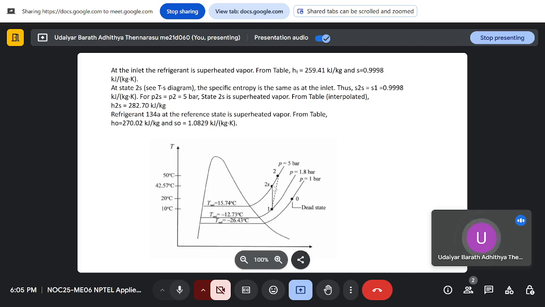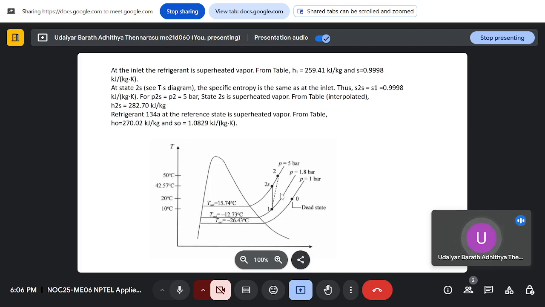Corresponding to entropy of 0.9998 and pressure of 5 bar, I can estimate my enthalpy at 2s. So H2s is 282.7 kilojoule per kg, and if my compressor is not 100% efficient, it will compress to state 2, which is again the same pressure 5 bar, but it will have a higher enthalpy here. That I can estimate using the compressor efficiency.